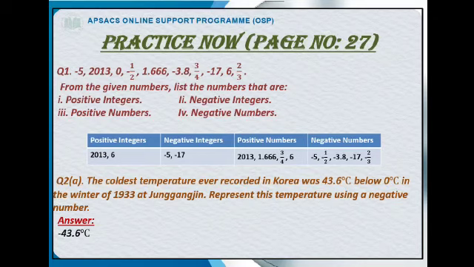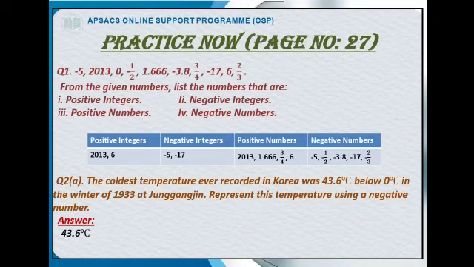So here we can identify through this chart, through these columns: positive integers, positive numbers and negative numbers. From the whole data in the question, we have to identify the integers and numbers like this.